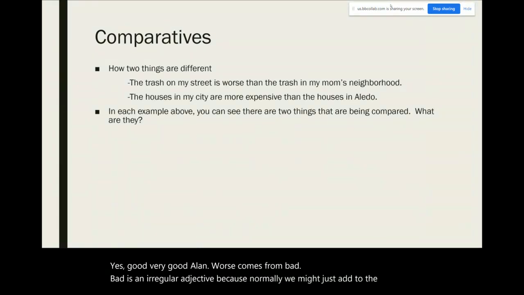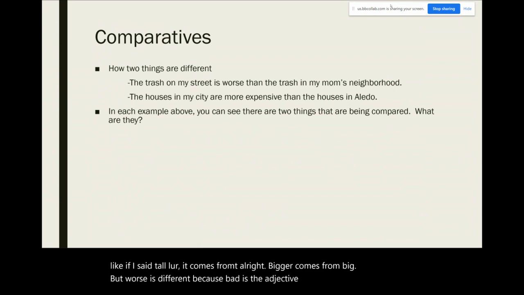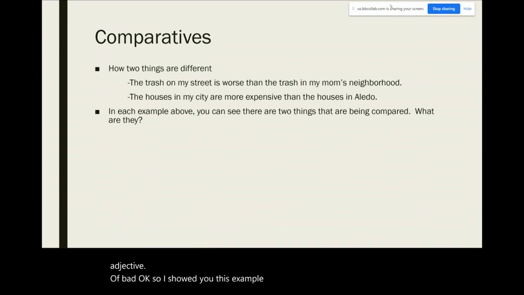Like if I said taller, it comes from tall, right? Bigger comes from big. But worse is different because bad is the adjective and worse is the comparative adjective of bad. Okay. So I showed you this example because some of them are irregular.